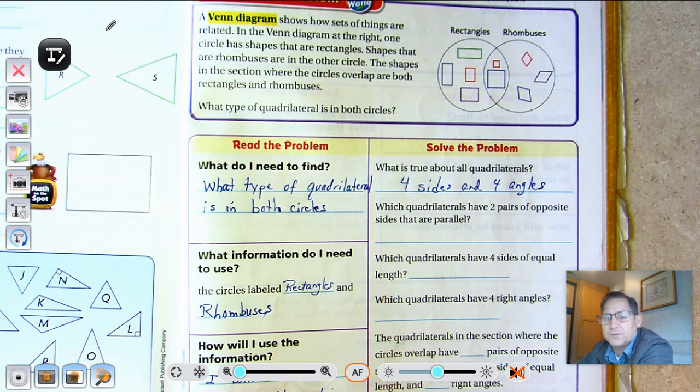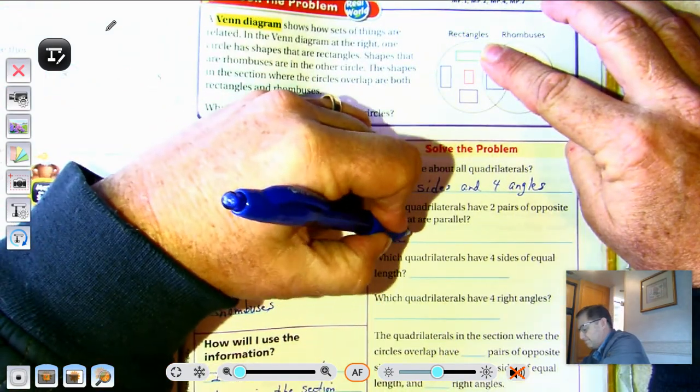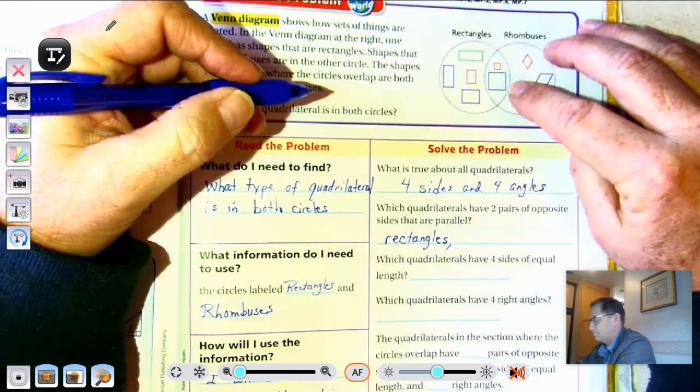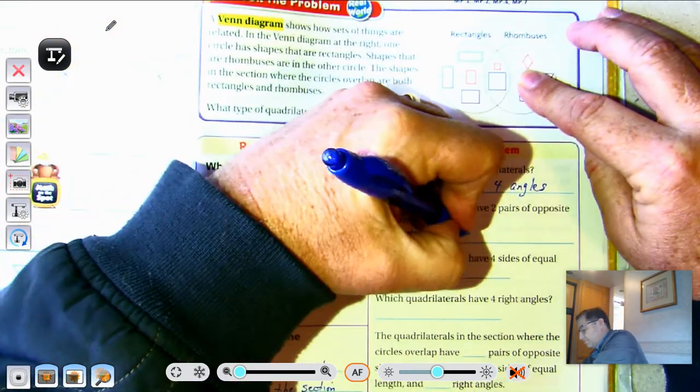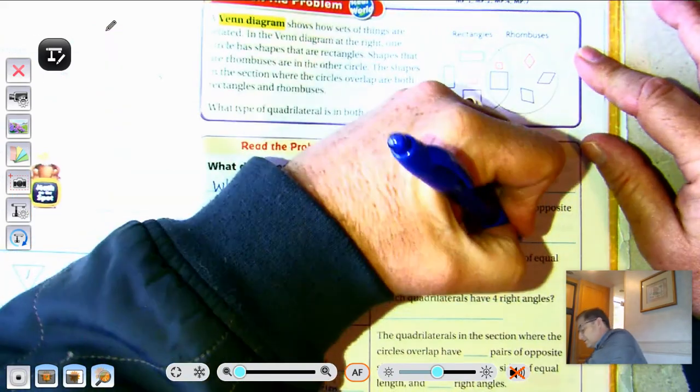Which quadrilaterals have two pairs of opposite sides that are parallel? Which shapes have two pairs of opposite sides that are parallel? Well, this rectangle does, right? Squares do. Rhombuses.